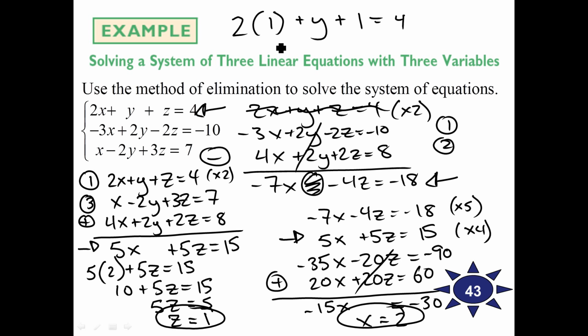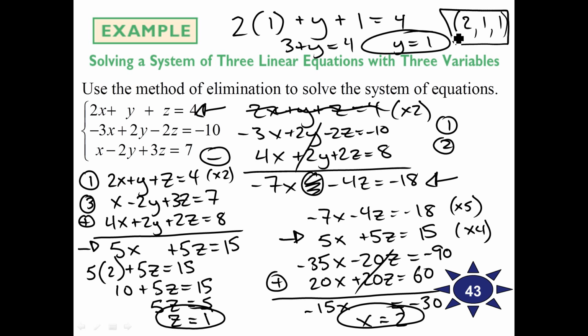All right, so 2 plus 1 is 3, plus y equals 4. 4 minus 3 is y equals 1. We've got three different variables. We've solved all of them. We're going to write this as x, comma y, comma z. And we are in business.